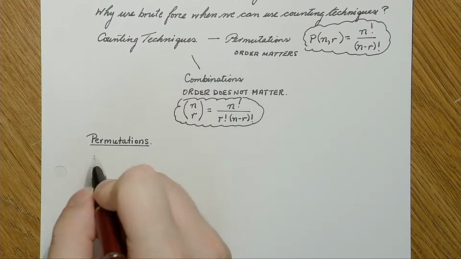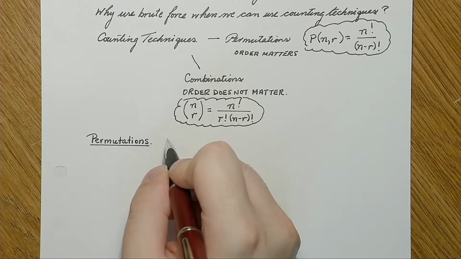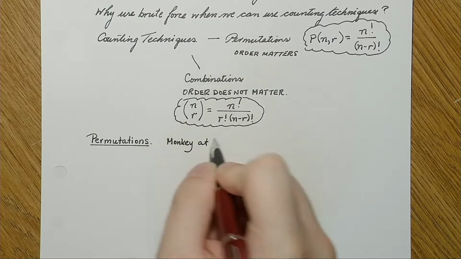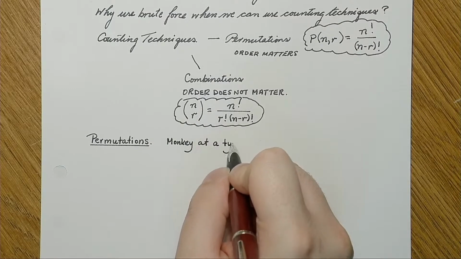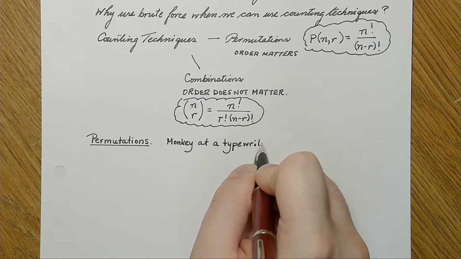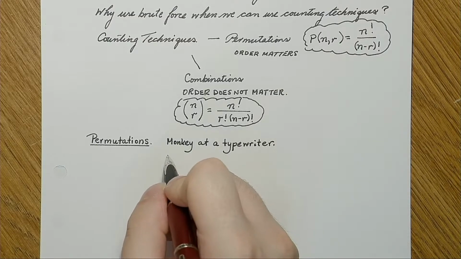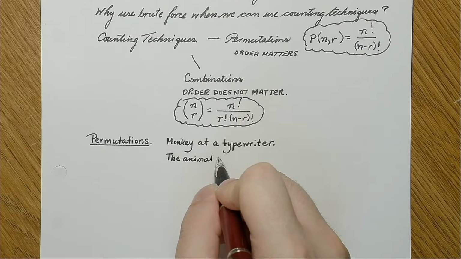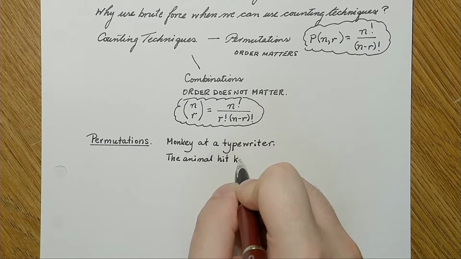Okay, so let's say here's the monkey at a typewriter, and the animal will hit keys at random.